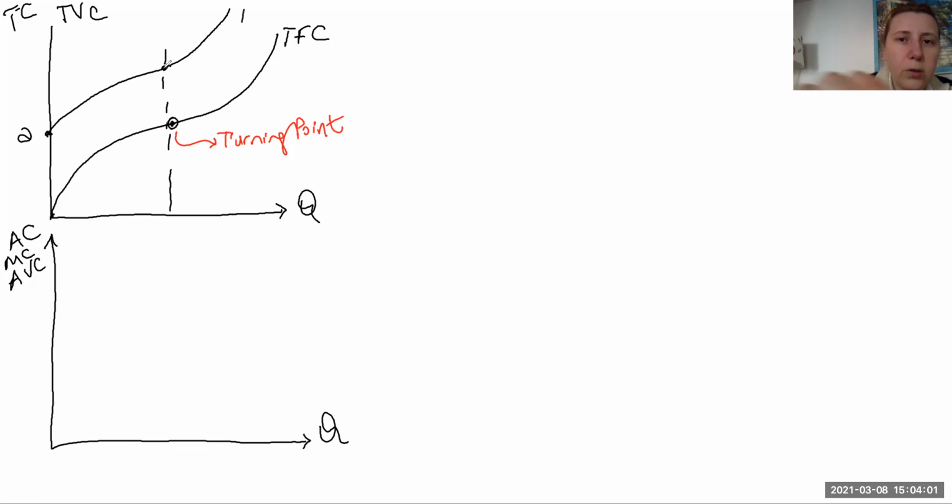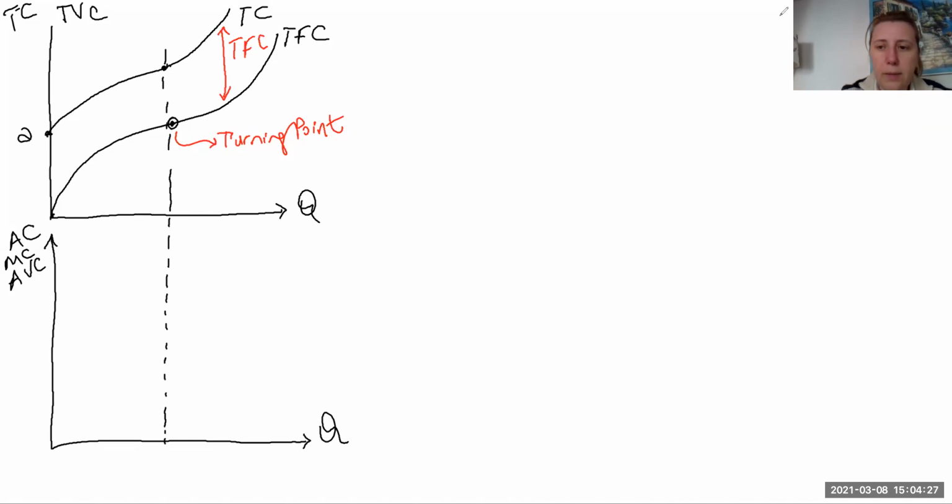This is total cost, and you know that the vertical difference between these two is the total fixed cost, which is 8 in this example. Now let's come to the marginal cost. This turning point is important for us for the marginal cost because it's the critical point of the marginal cost.